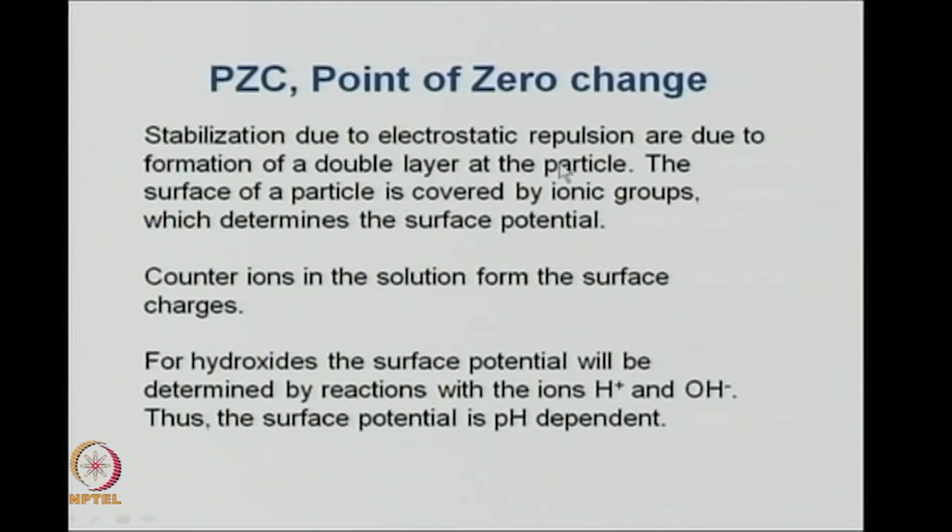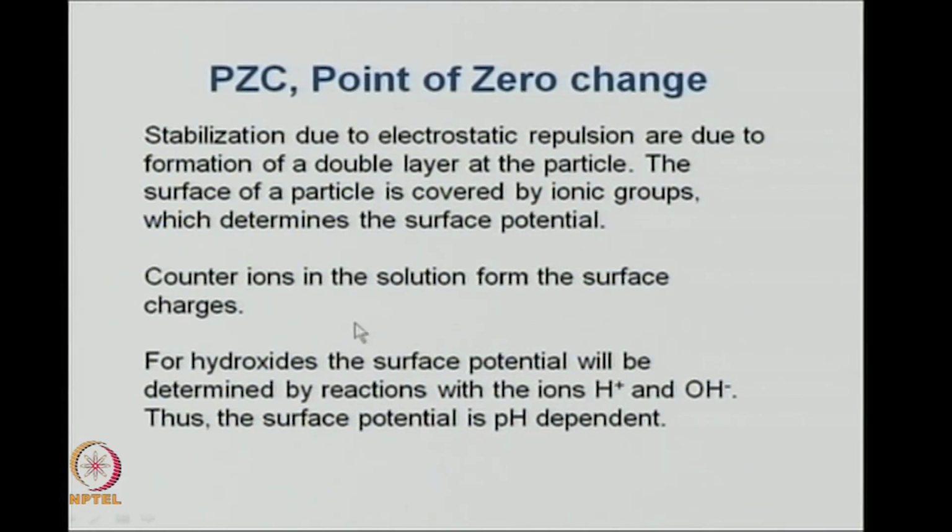So, there is a charge on the surface and there is a charge in the liquid or on the other particle which keeps the particles away. Now, the charge on the surface of the particle will determine its surface potential, and the counter ions in the solution will form the surface charges.